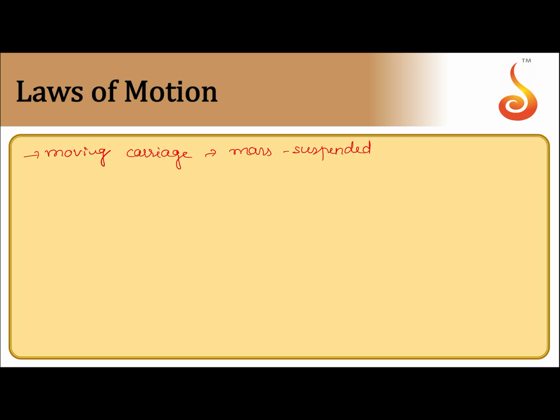So this is the arrangement. Here is a moving carriage and it is moving, and the mass is suspended. It is like a pendulum. Now let us consider a couple of cases here and see how to solve them.